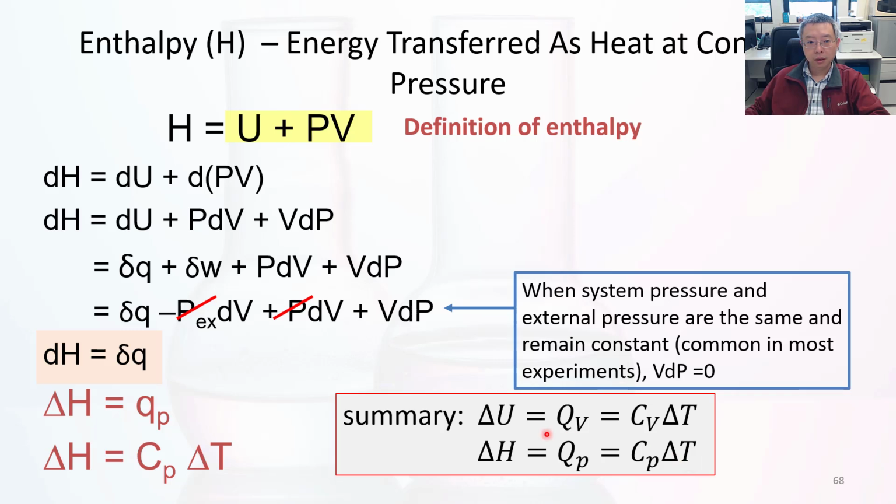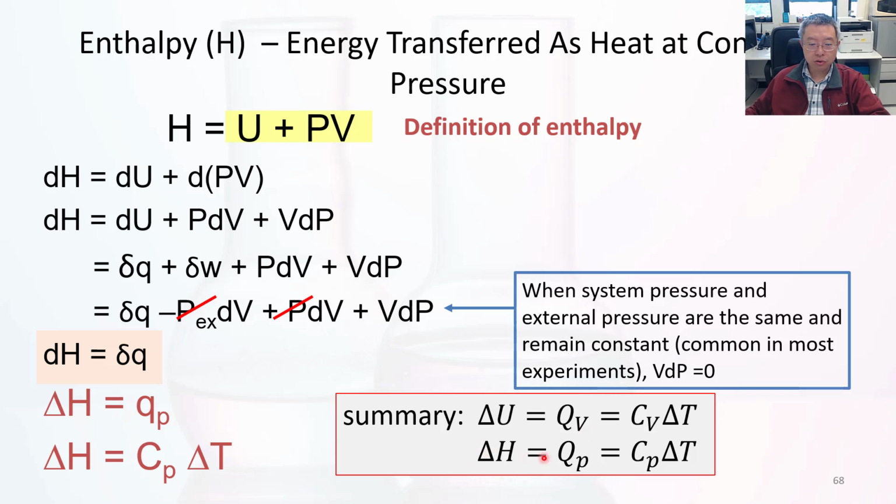Although these things are very simple, I want everyone to go over this and think about it one more time, and really embed in your mind that delta U equals Q_V when the volume is constant and there is no extra work.